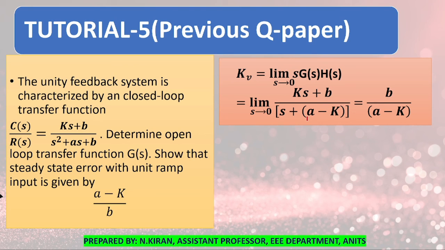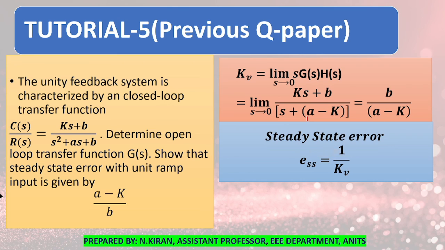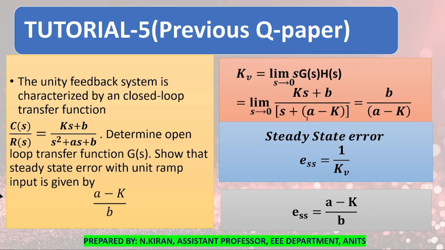So steady state error, we know, is A by Kv. Since it is unit ramp, it is 1 by Kv. So the steady state error ess will be (a minus K) by b. Hence we have proved that the steady state error with unit ramp input is (a minus K) by b.